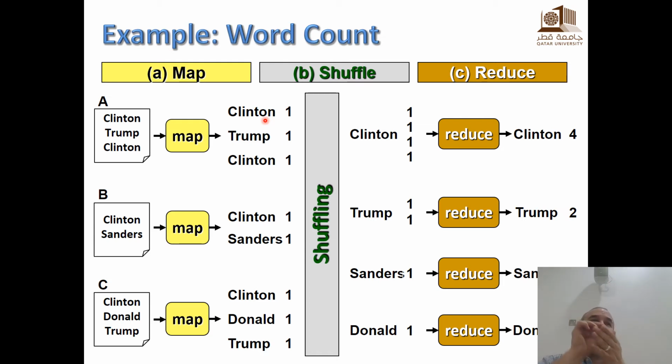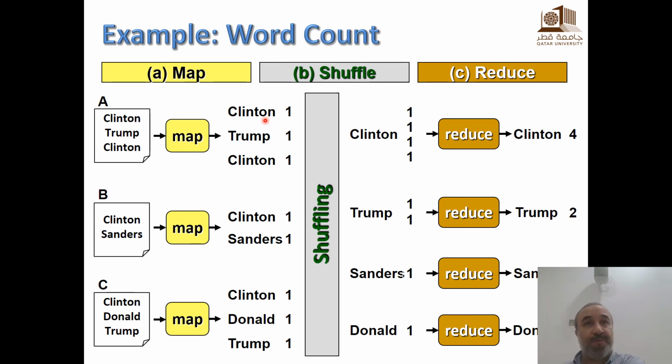That's the point in time that you need to start changing your mind, to think of how to use that model to solve your problem. But you need to keep the model in your mind. You need to understand how the model works. Each record is processed by a map function. The map function will produce some intermediate output.